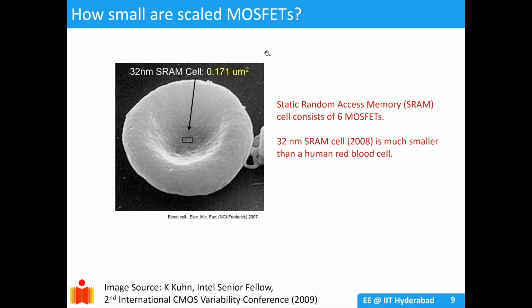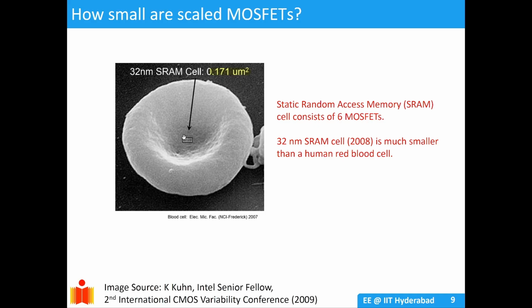So how small are scaled MOSFETs? This is the image of a human red blood cell, and you can see one single SRAM cell of the 32 nanometer node, which corresponds to a transistor area of 0.171 micron square.